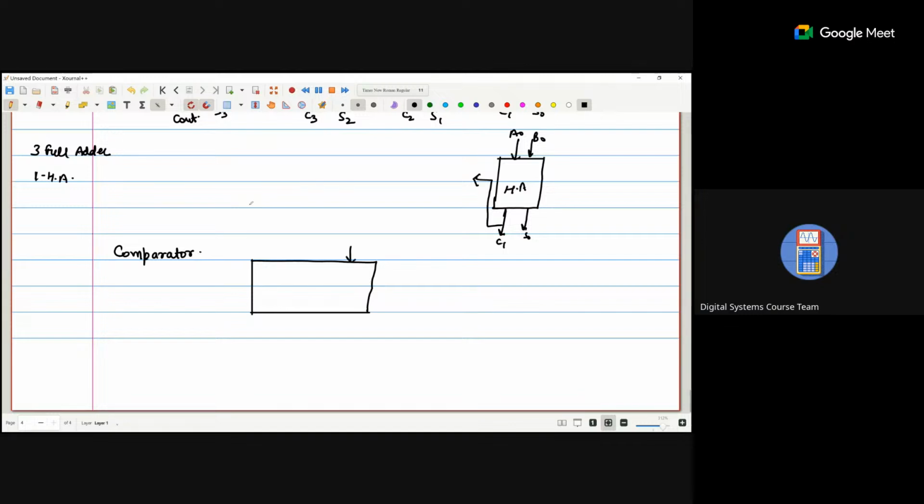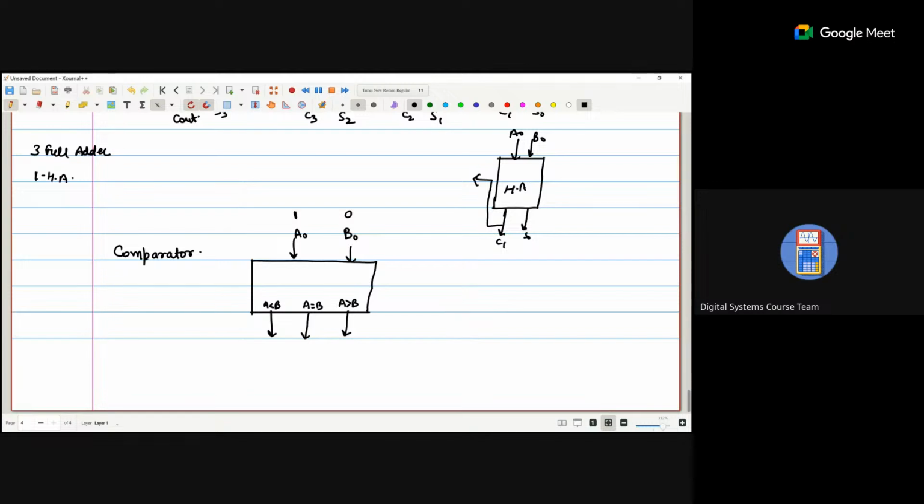If we give two 1-bit inputs, B0 and A0, we get three outputs: A greater than B, A equal to B, and A less than B. For example, B0 is 0 and A0 is 1.